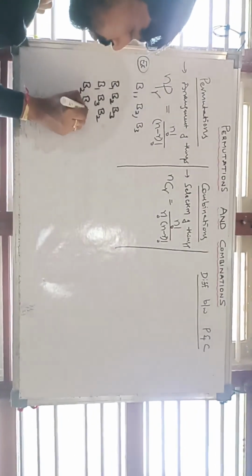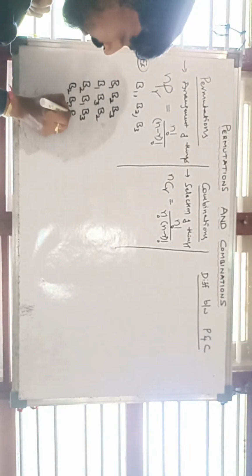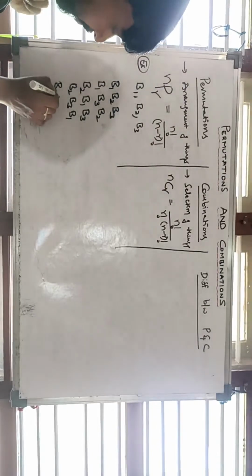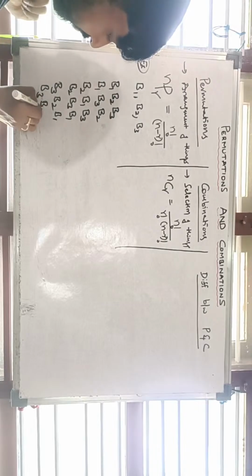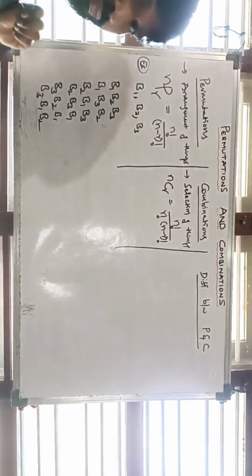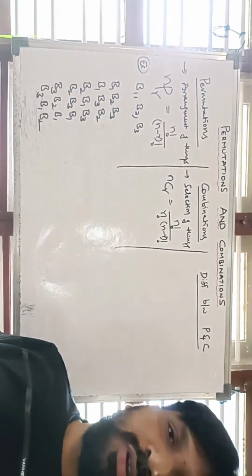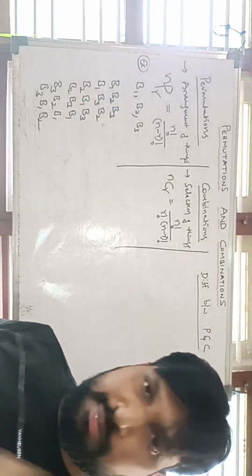Book 2, book 1, book 3. Or else book 2, book 3, book 1. Or else book 3, book 1, book 2. Or else book 3, book 2, book 1. Like all these are possibilities to fix in a shelf the given 3 books.